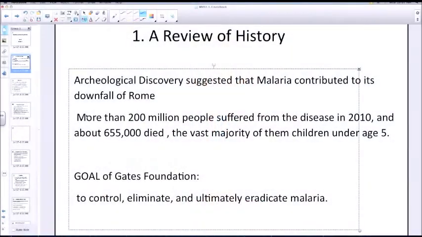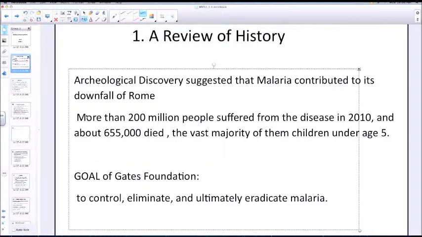The archaeological discovery, you can Google it, suggests that malaria contributed to the downfall of Rome. We cannot ask Rome if this is real, but we can dig out the corpse of the ancient tomb to discover the trace of malaria, especially when you have a huge epidemic disease.